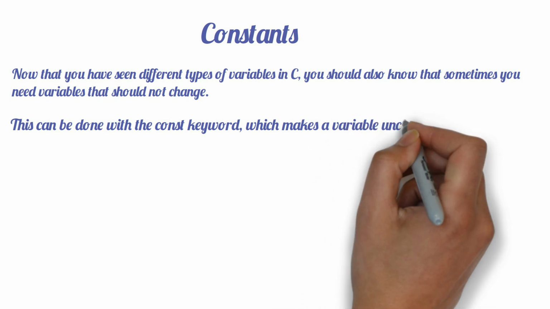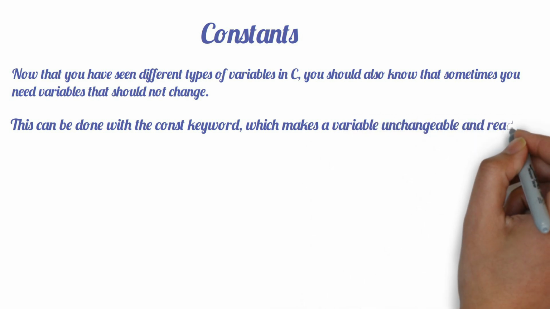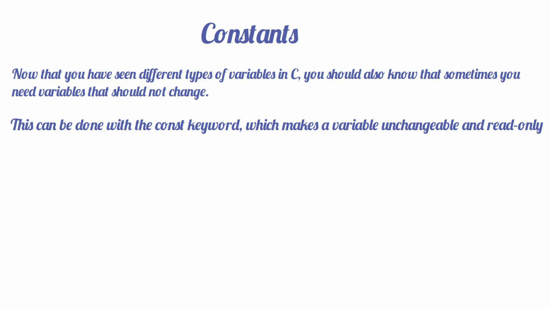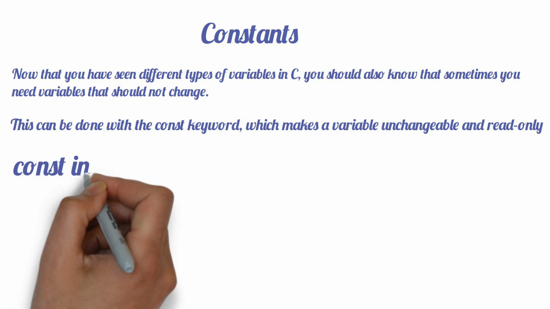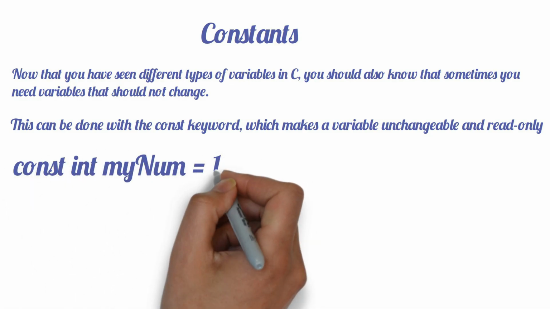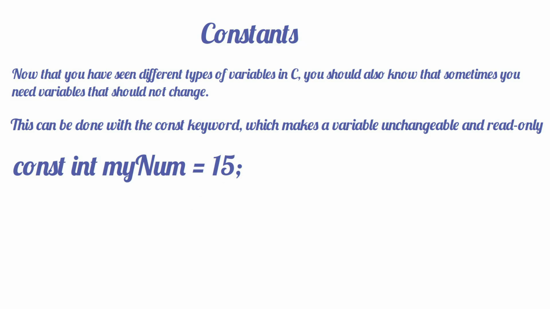Let me show you one example of this. As you can see in the code, I'm typing const, C-O-N-S-T, short form of constant, and specifying the data type, that is int, then the name of the variable. In this case, it is my num, and I'm assigning 15 to it. Now, in the course of the program, if I try to change the value to any other value, as you can see, the next line of code states that my num equal to 10.